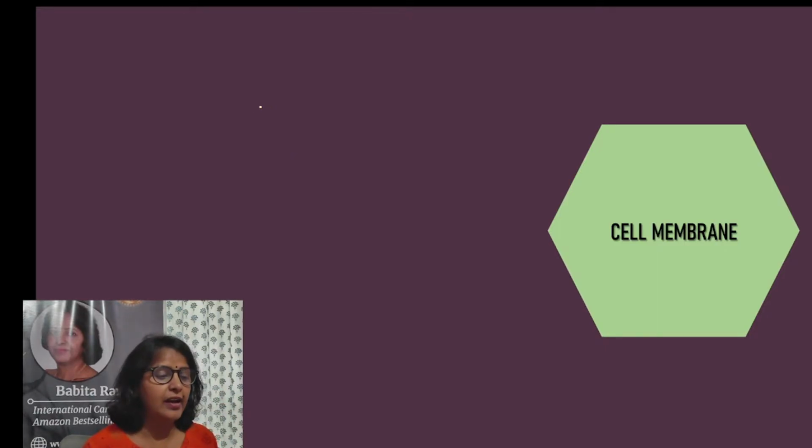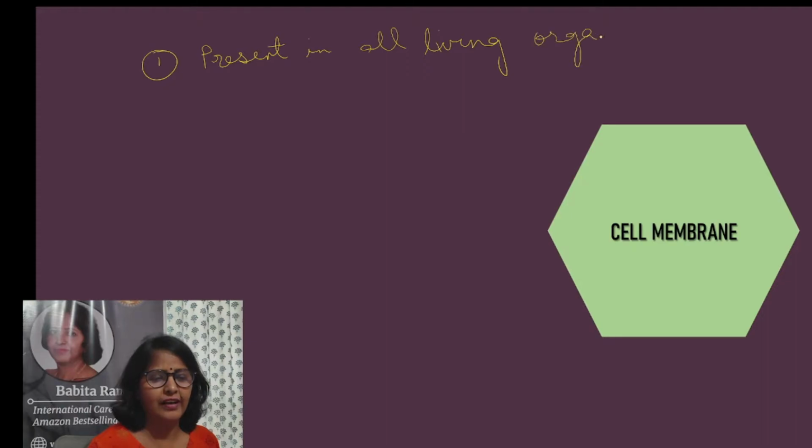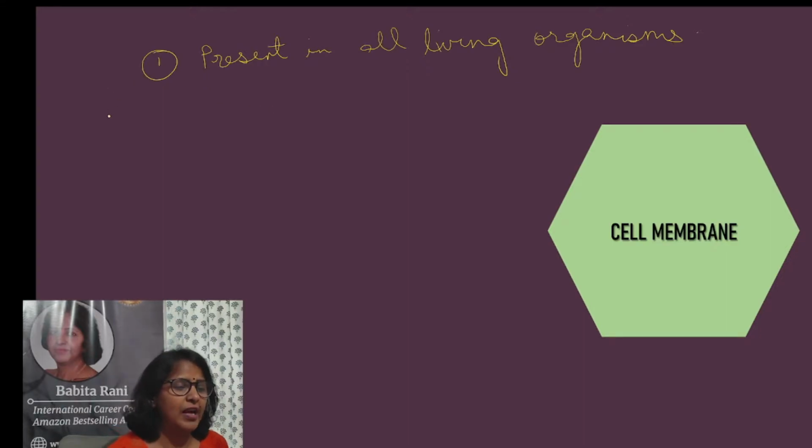Cell membrane, as you have studied in class 8 also, is a membrane which is present in all living organisms. That is, it is present in all plants, animals, everywhere in living beings.